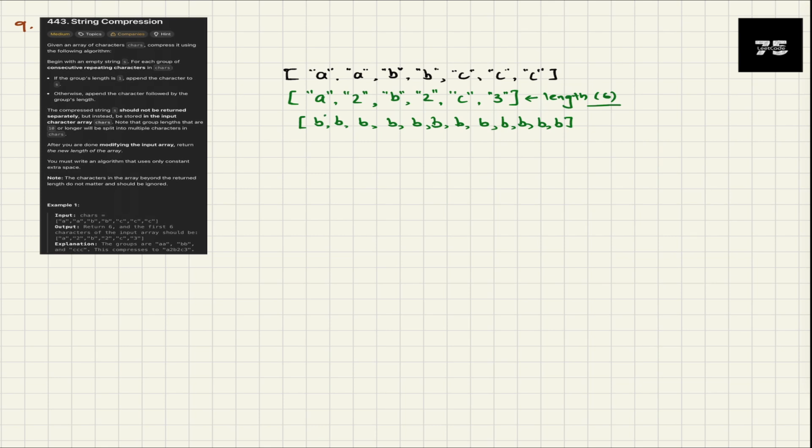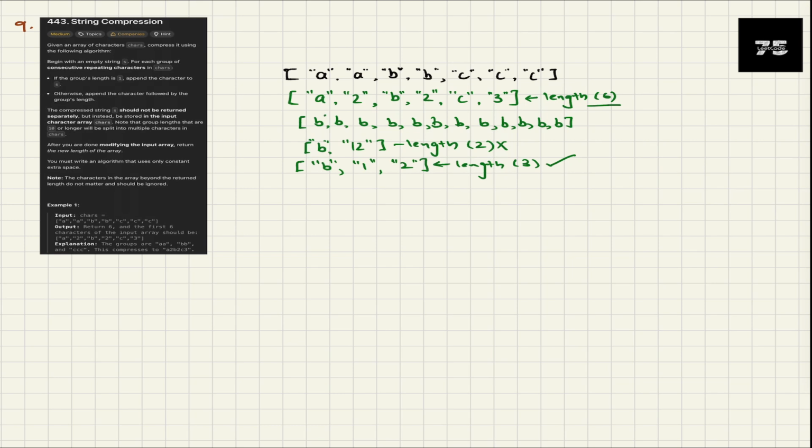But if I have 10 or 11 or something, let's say b was present 12 times, I cannot write that as one character and return length 2. This is wrong. What I'm supposed to do is write b, then write 1, and then write 2. So I'm supposed to break down this count into a string and again have one character per array slot, and then I'll return the length of the array as 3, and this is the right answer.